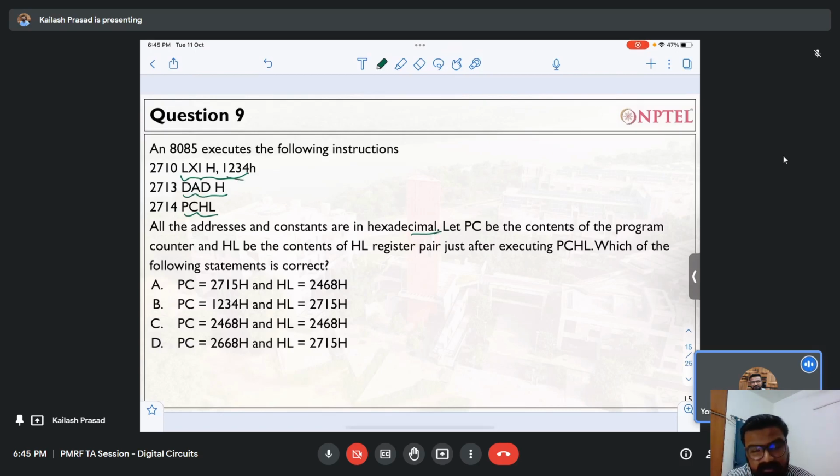Let PC be the contents of the program counter, while HL be the contents of the HL register pair. We know that PC means program counter and HL means the content of the HL register pair. Which of the following statements is correct after executing this? So you have to execute this and write down which of the following statements is correct.